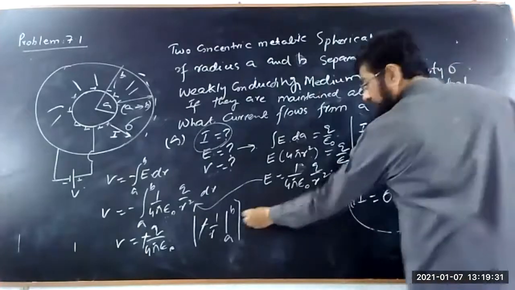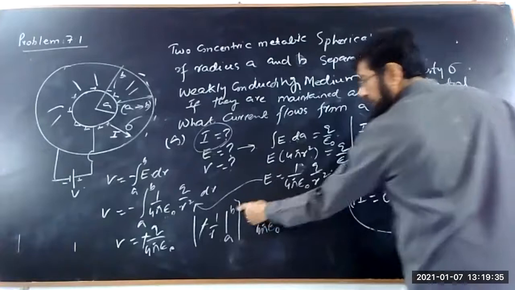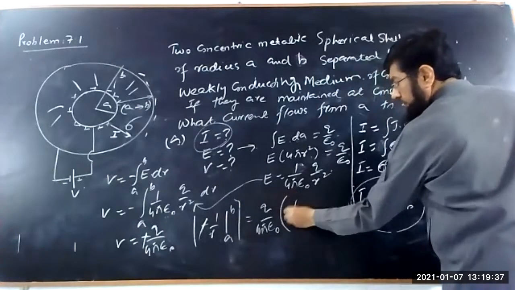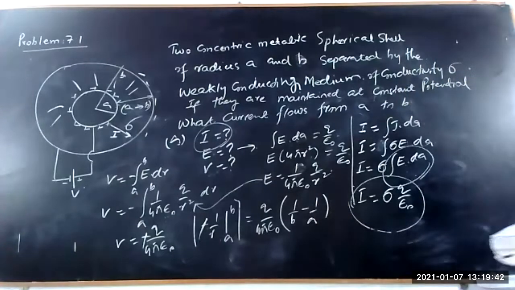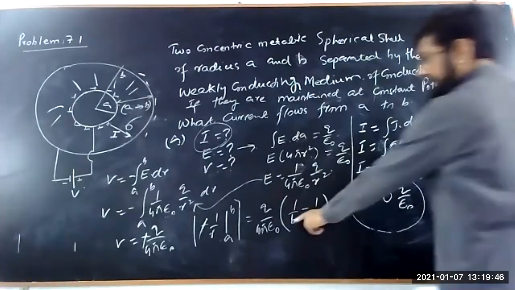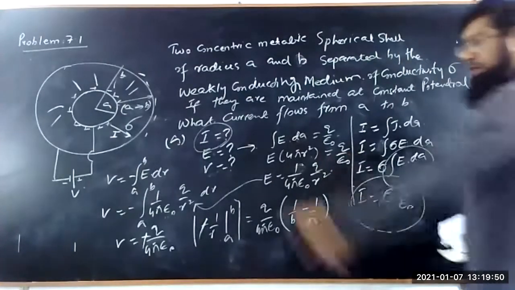So this can be rewritten as Q upon 4 pi epsilon naught times 1 upon B minus 1 upon A. So this is the potential V.